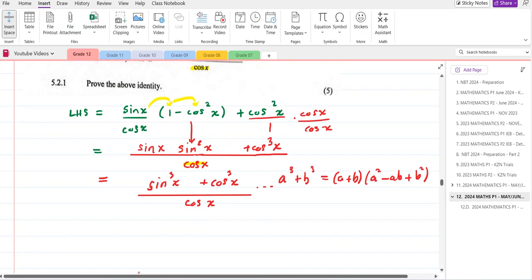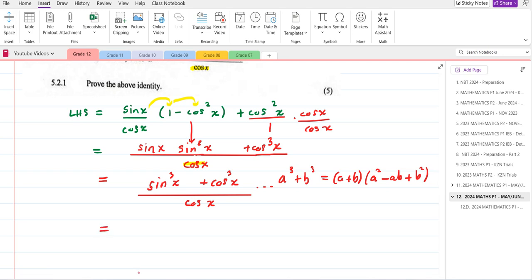Let's factorize. Right, so sine x plus cos x into, square the sine, you get sine squared, right? And then you got sine x cos x with an opposite sign, so minus sine x cos x, right?